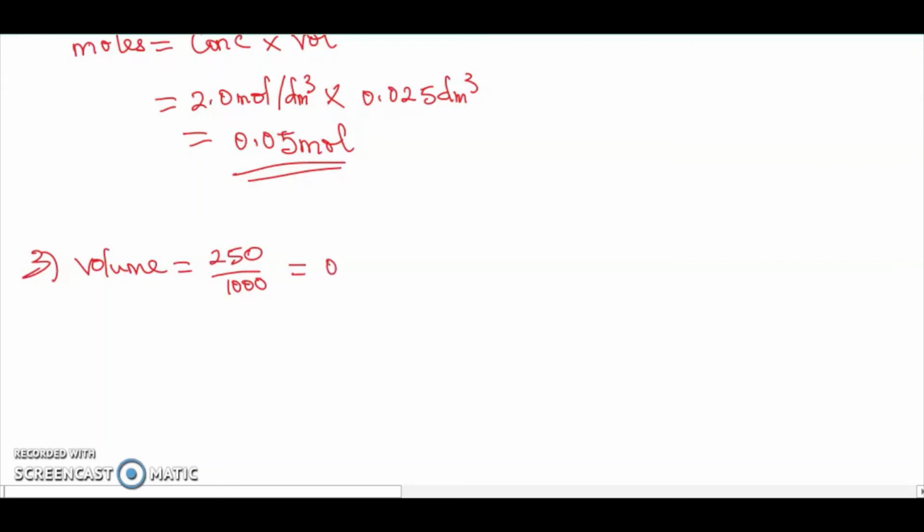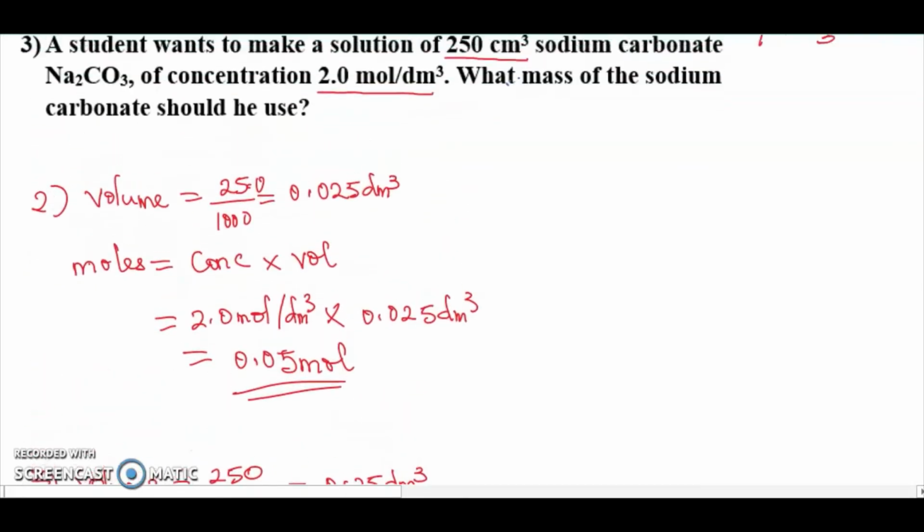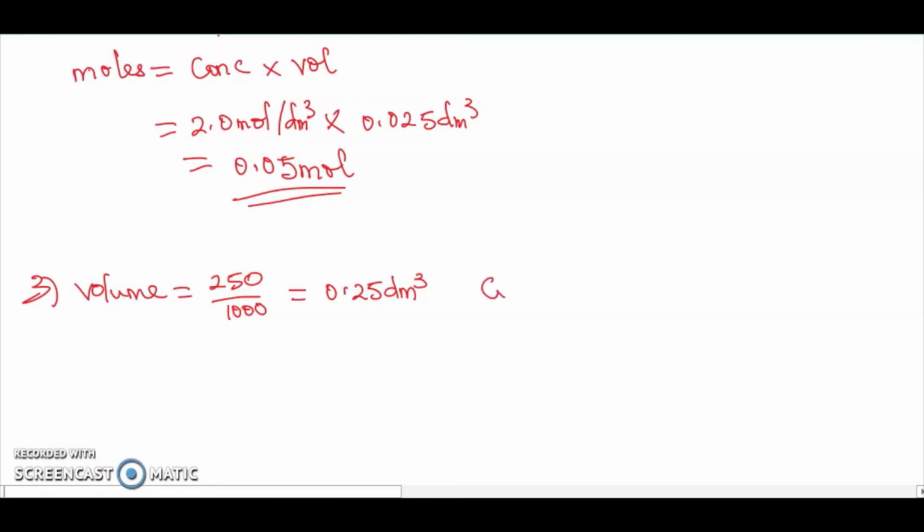That gives us 0.25 dm cube. The concentration in the question we were given, it is 2 mole per dm cube. So our concentration is equal to 2.0 mole per dm cube. Remember, we are calculating mass.